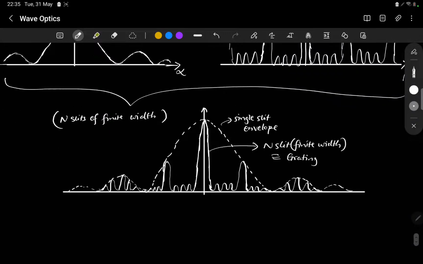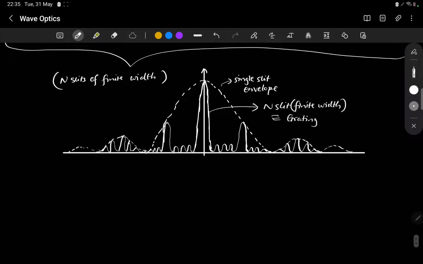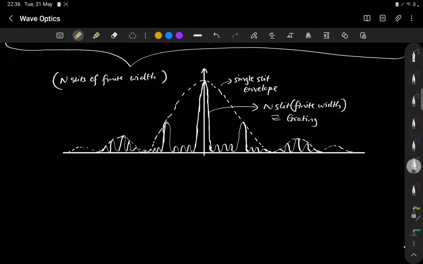So this basically was a discussion on grating and the diffraction pattern from a grating. Now we can look at a question based on this diffraction grating.